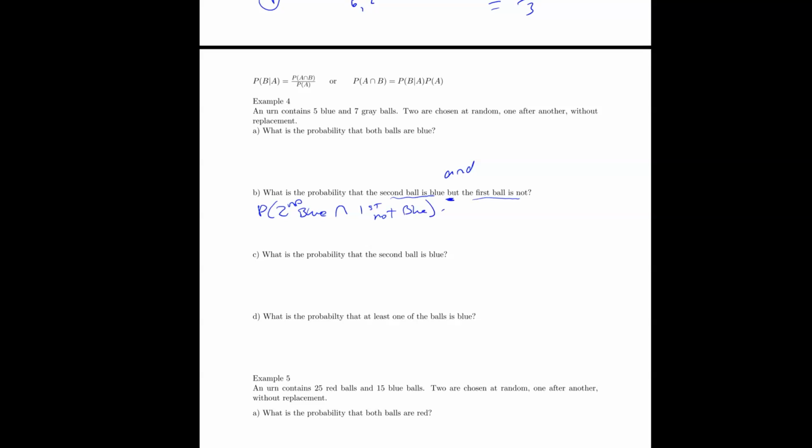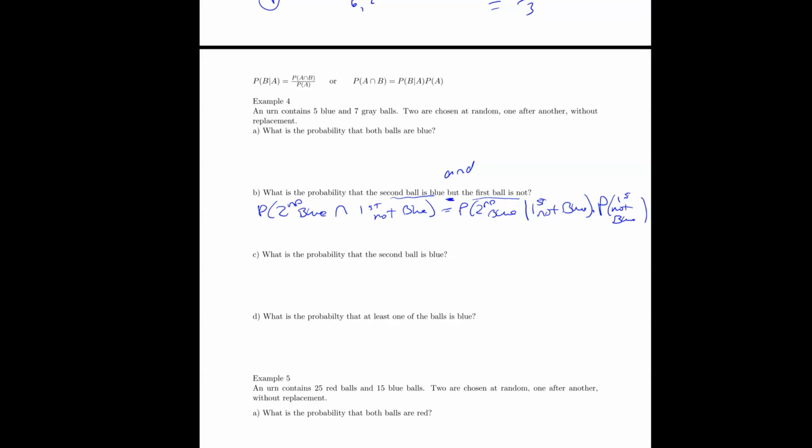So that turns out to be the probability of the second is blue given that the first is not blue, times the probability of the first not blue.